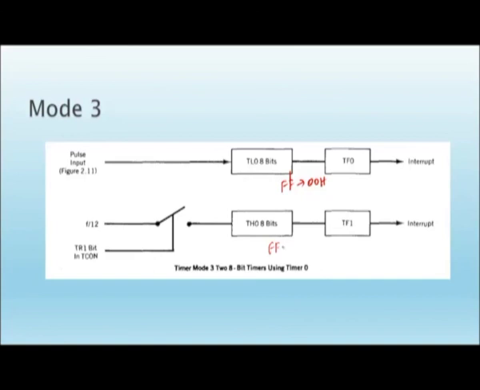The counter value changes from FF to 00H, then the overflow is indicated by the timer 1 overflow flag, because timer 1 is not used, that is why its corresponding timer overflow flag is used here. Okay. So, both TF0 and TF1 are used for the timer 0 register itself. For TL0 we are using only the internal pulse, for TH0 we can use the internal clock pulse along with the timer run conditions also.